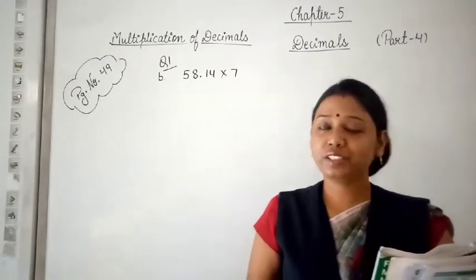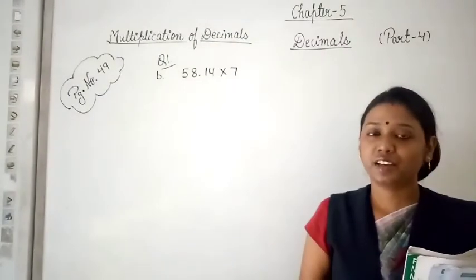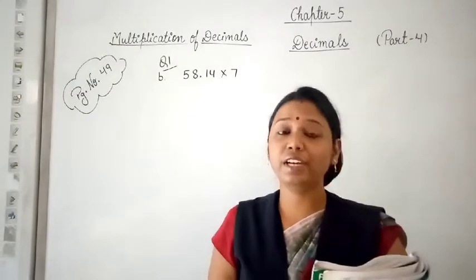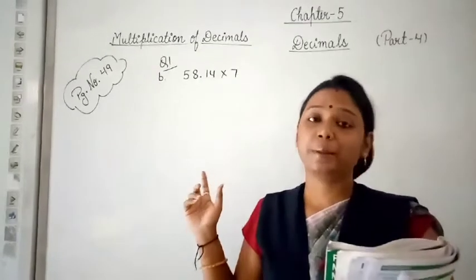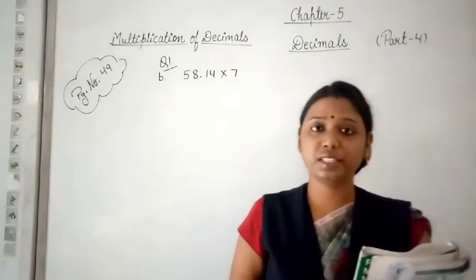Today we will be discussing the topic multiplication of decimals. As we are discussing chapter number 5, decimals, and we have discussed many of the properties of decimal numbers, place values of decimal numbers, and how we can add or subtract decimal numbers.